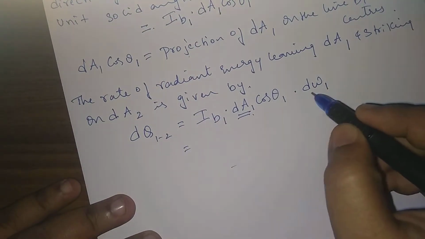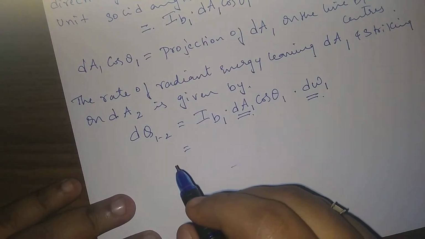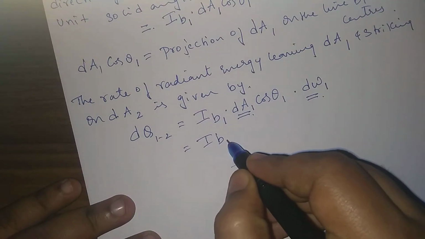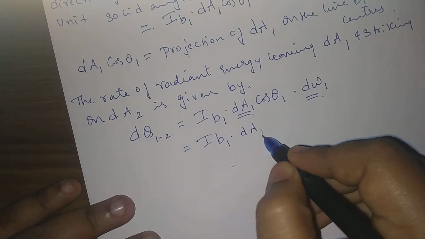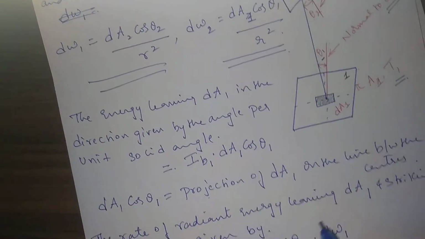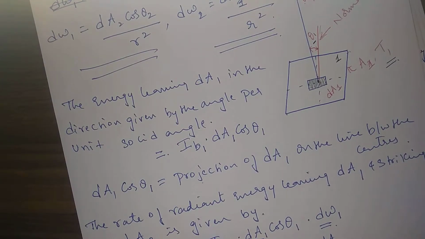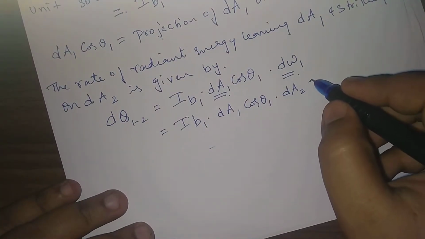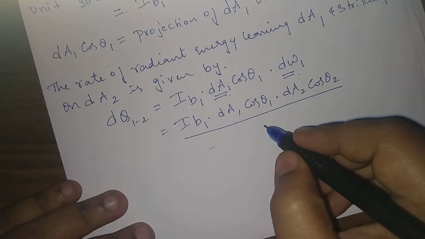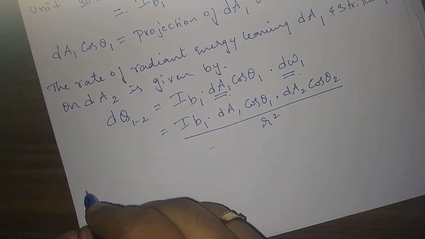Now if you substitute for d omega 1, that is the solid angle, what is that? It will be IB1 times dA1 cos theta 1 times, what is d omega 1 here? Please write that: dA2 cos theta 2 divided by r square. Similarly, you can write it.